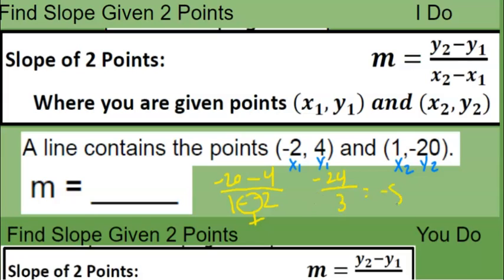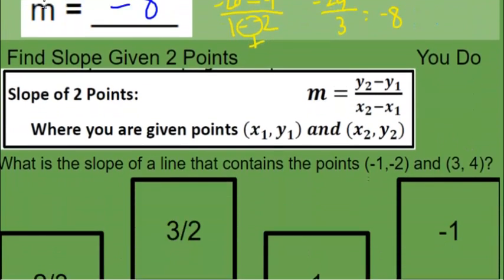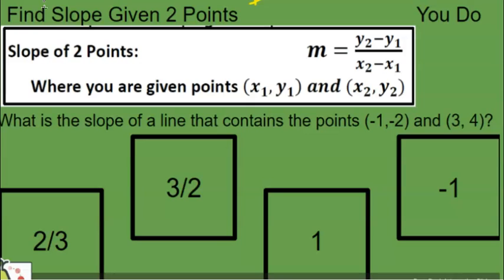So our answer is -8. So our slope m equals -8. Remember, you're going to use a formula, label each coordinate point, and plug it into the formula. Simplify as needed.